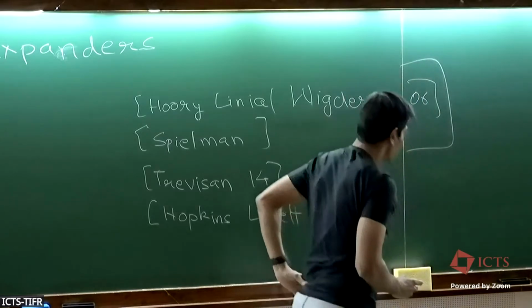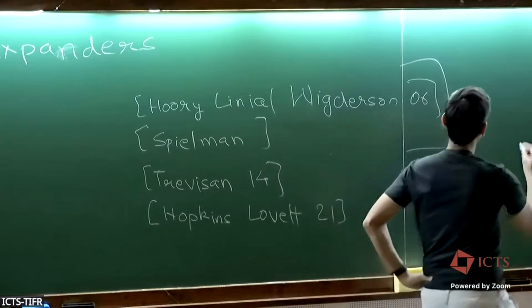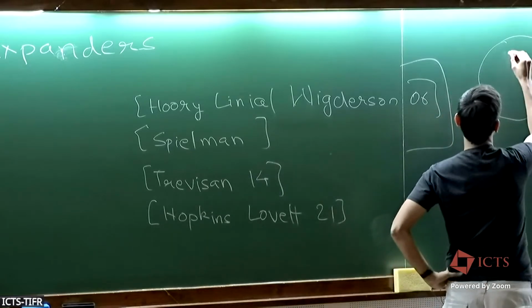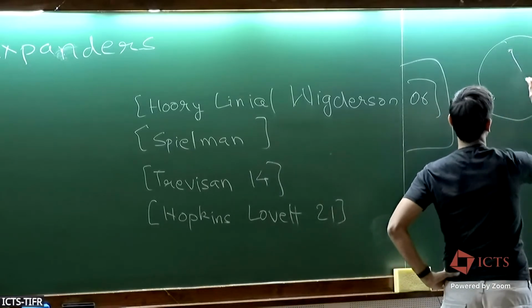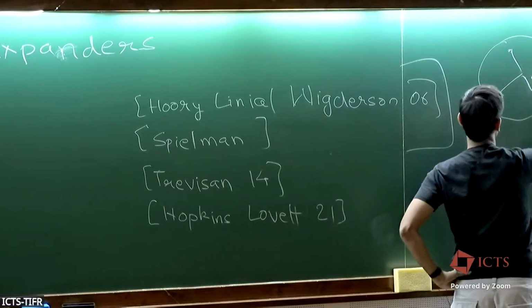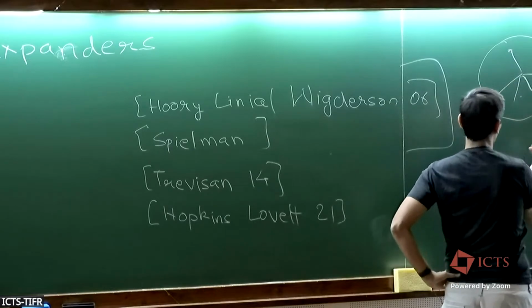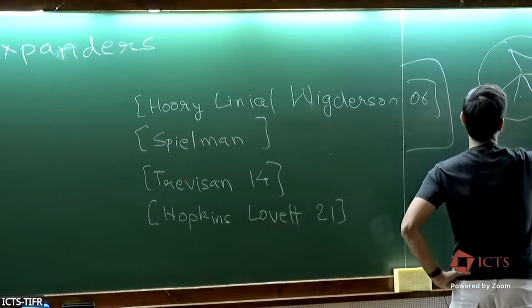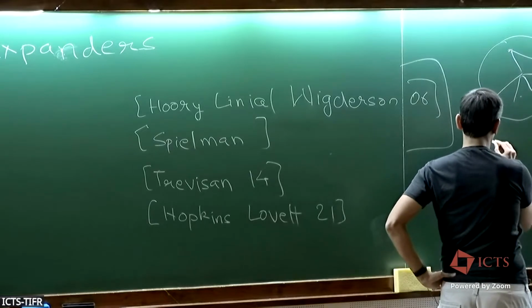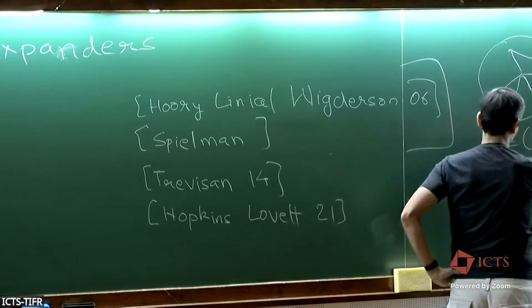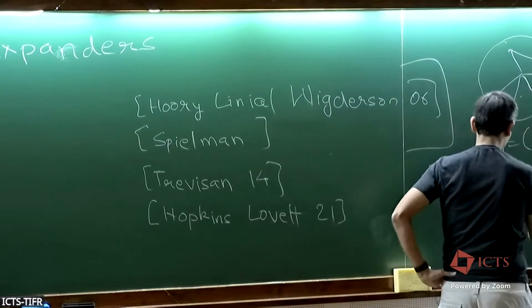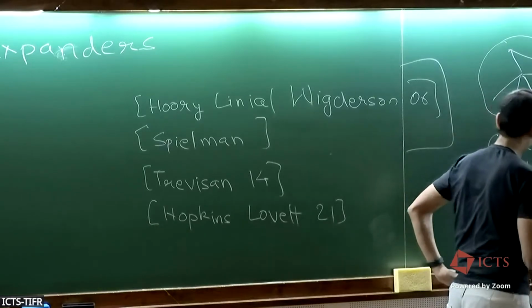All right. So to start with, let's think of a graph, which is just a bunch of vertices and edges. We'll think of graphs as having n vertices.